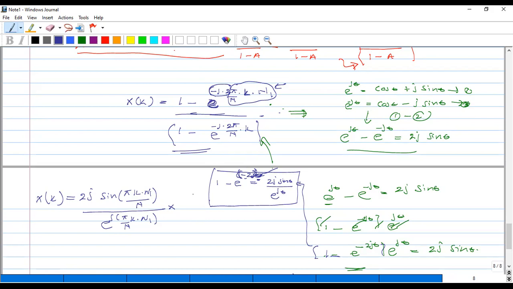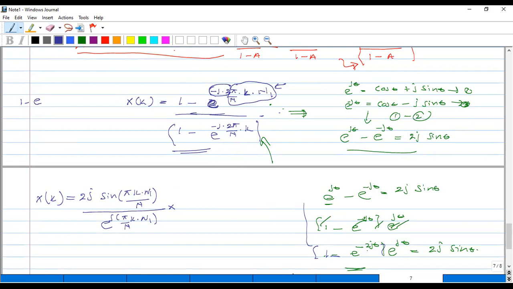So I write this here: 1 minus e to the minus 2j theta is equal to 2j sine theta divided by e to the j theta.